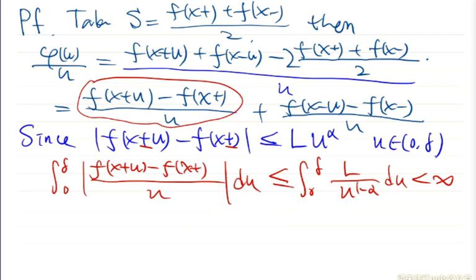This is finite. This integral has a singularity at 0, but because 1 minus alpha is less than 1, this integral with singularity converges.